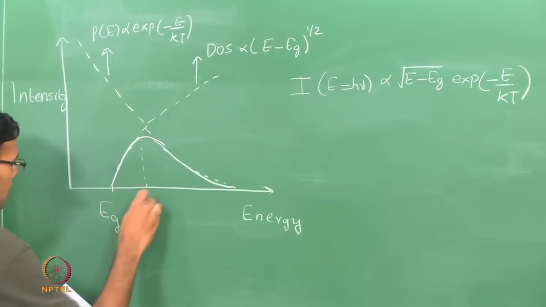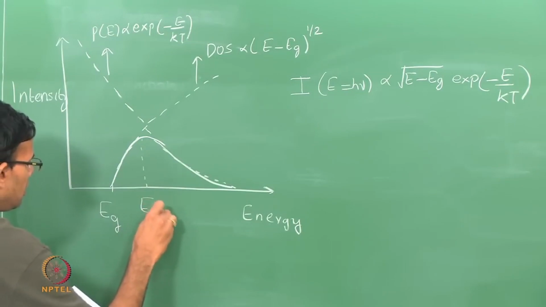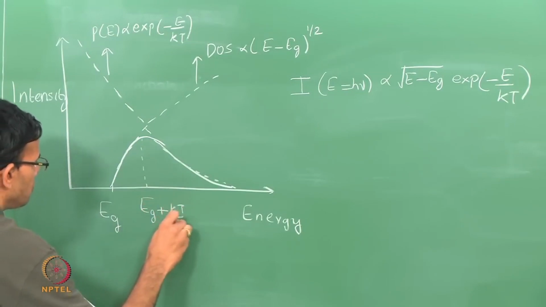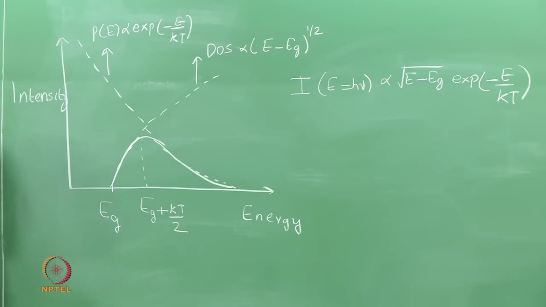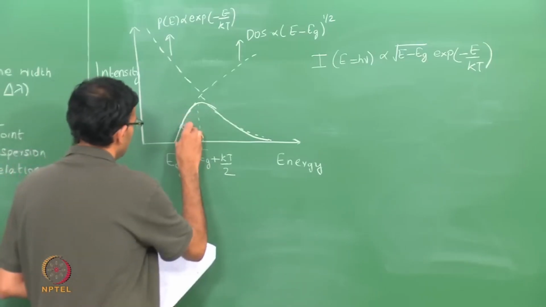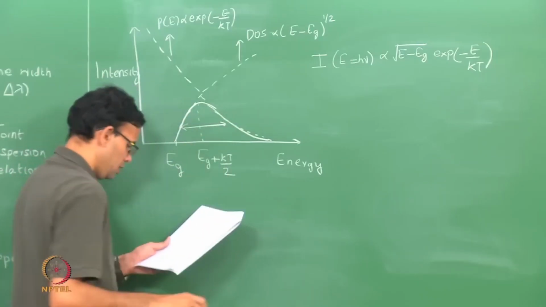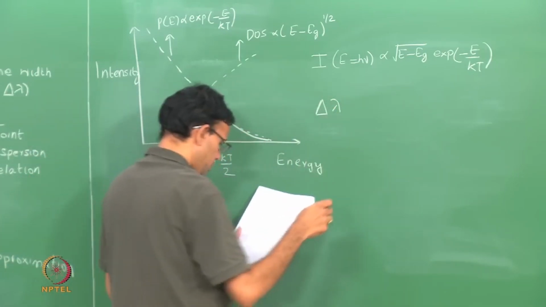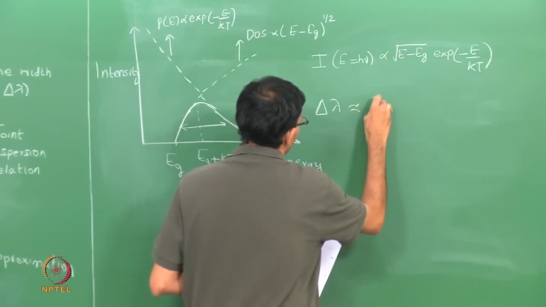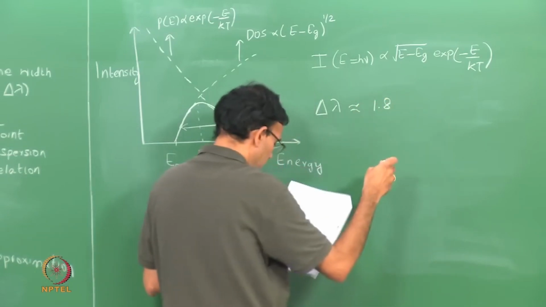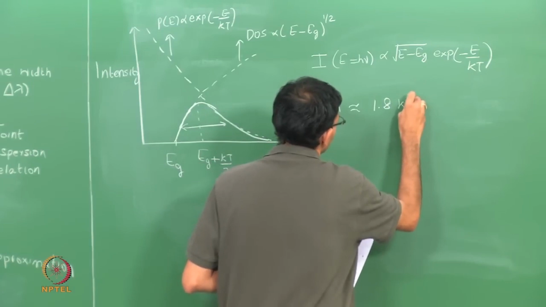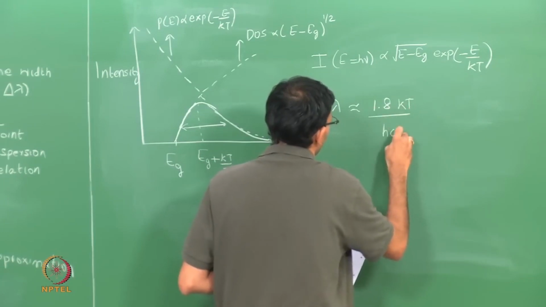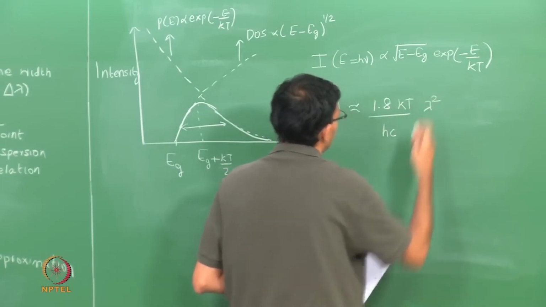The peak usually lies kT over 2 above Eg, and then there is a line width. This line width delta lambda is approximately 1.8 kT lambda square over hc.